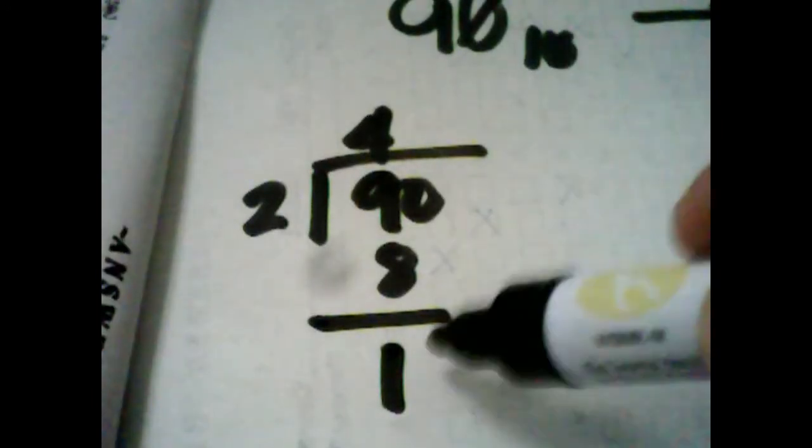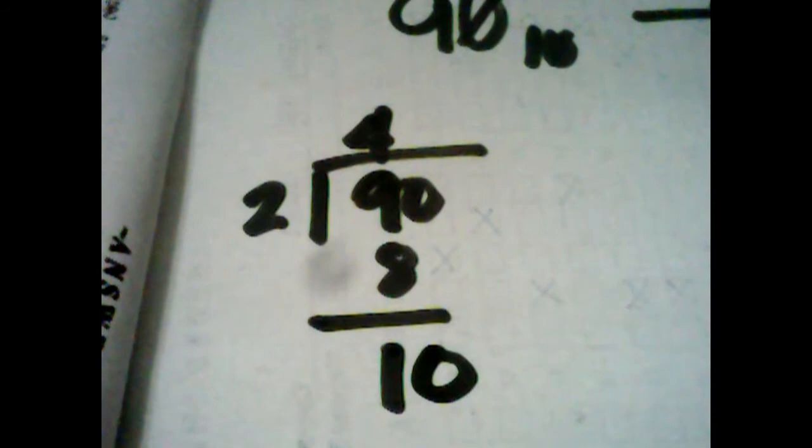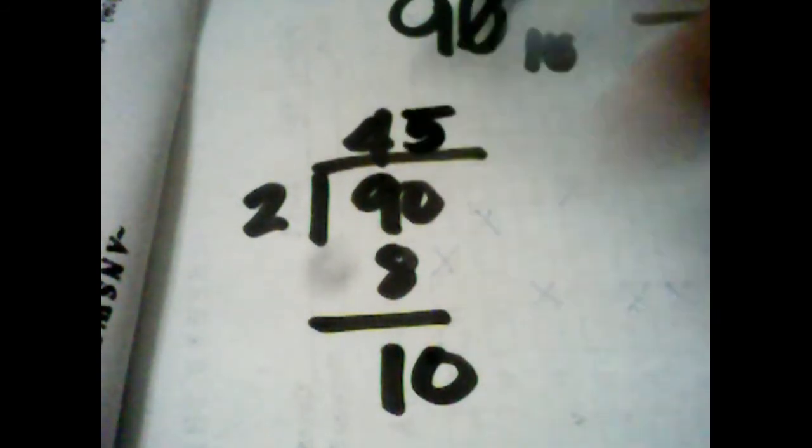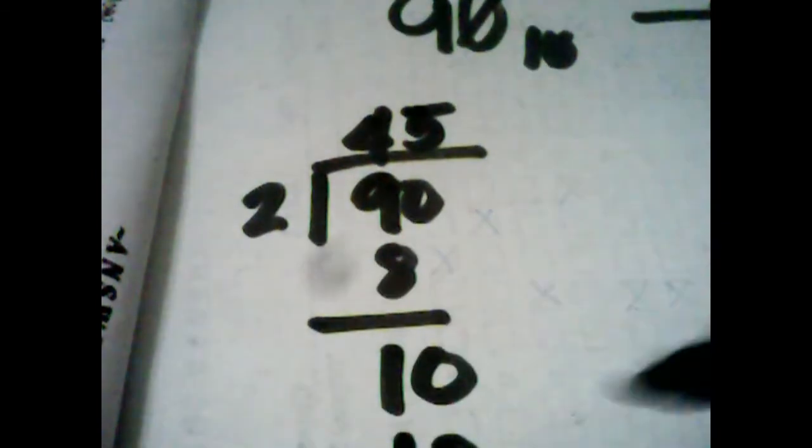And then we bring down 0. 10 will be divided by 2. We have 5. So we have a product of 10. And our difference is 0.